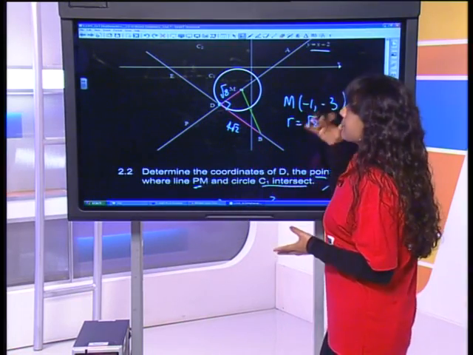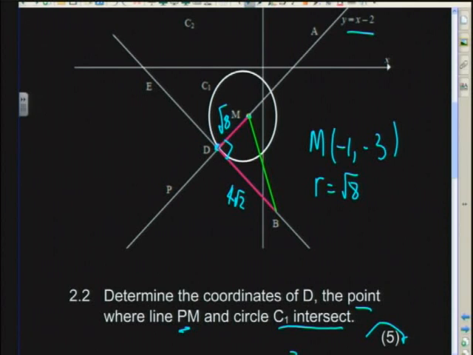Okay. Why do we need that? Well, very importantly, if we've got a 90 degree angle in a triangle, we then get a right angle triangle, which means we can use Pythagoras. So now we can use Pythagoras to work out the length of MB, because MB is obviously the hypotenuse of triangle MDB.